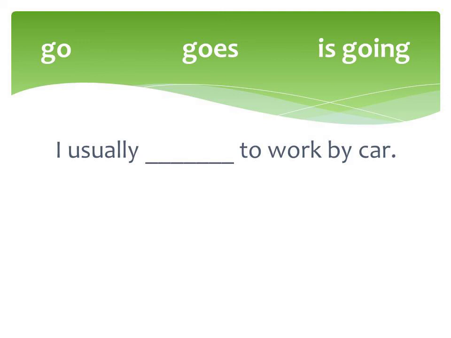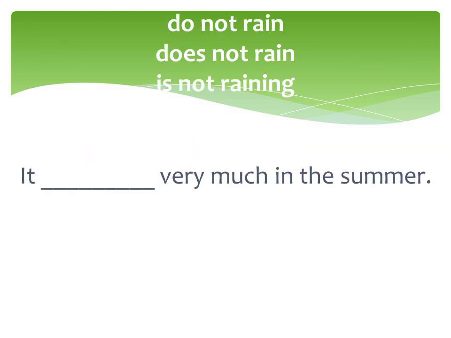Go, goes, is going. It blank very much in the summer. What's the correct answer? Do not rain, does not rain, or is not raining.